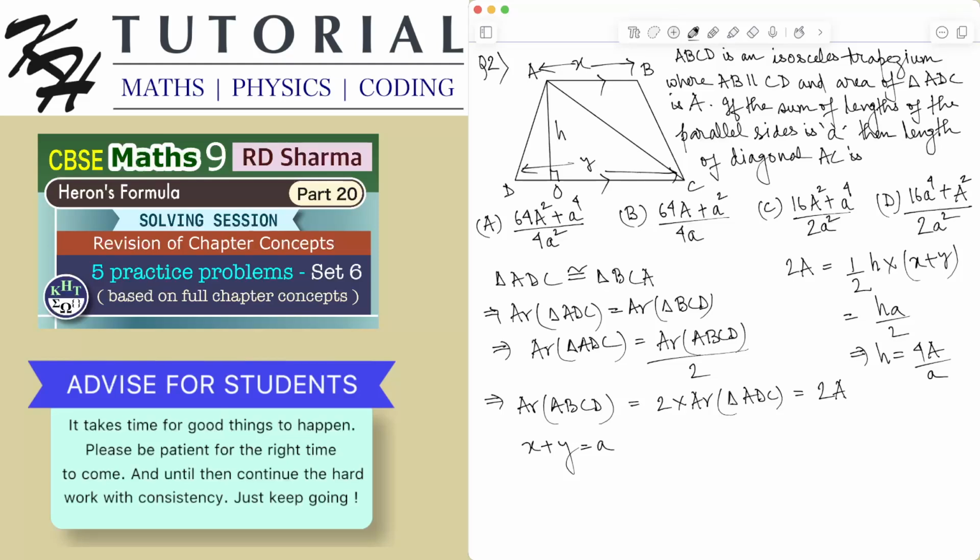where AB is the shorter parallel side, if you draw perpendiculars AO to DC, and let's say BP is perpendicular to DC, then DO will be equal to PC.